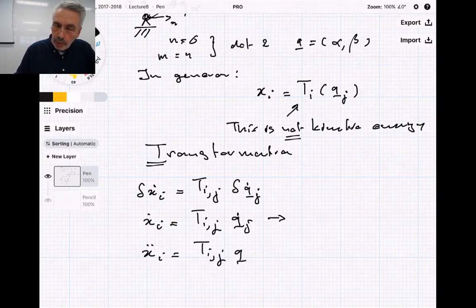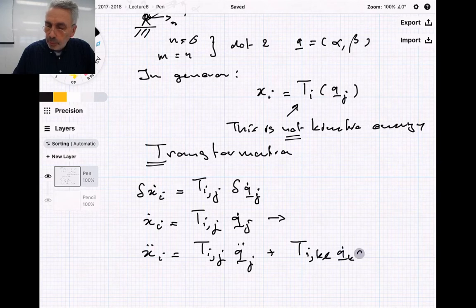And isn't it beautiful that the tangent mapping between this velocity and this velocity is still the same tangent mapping between this acceleration and this acceleration. Plus, we end up with a whole bunch of what we call convective terms.